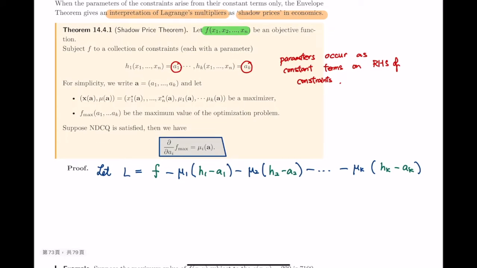Okay? Then I'm interested in differentiating the maximum value function with respect to my parameter. So for example, df over da1, by the envelope theorem, equals differentiating L, the Lagrangian, with respect to the parameter, and then evaluating it at your maximizer.